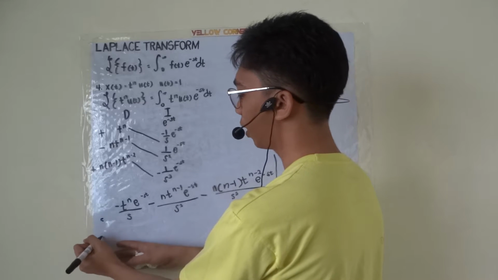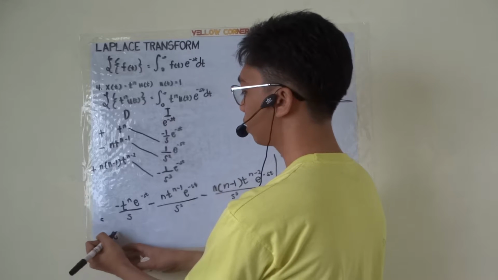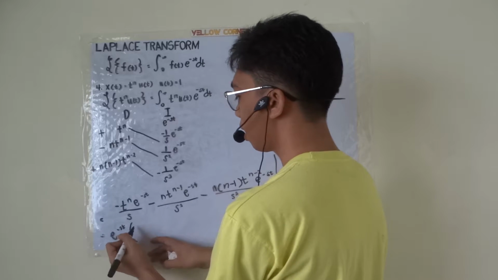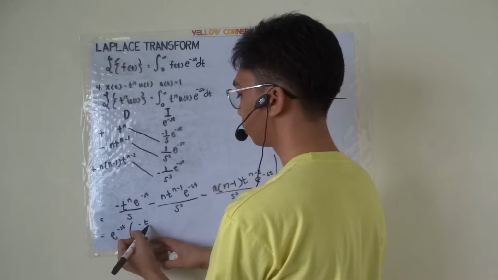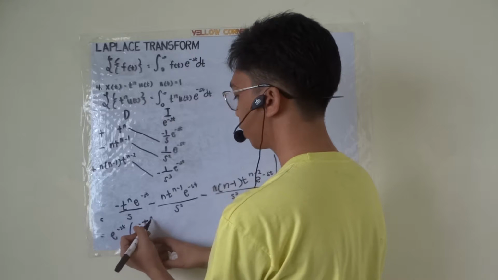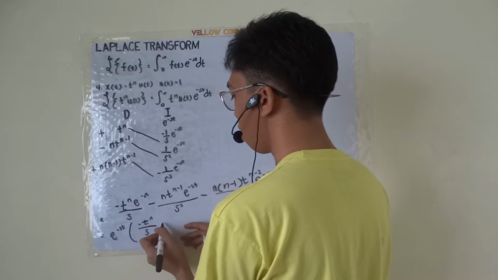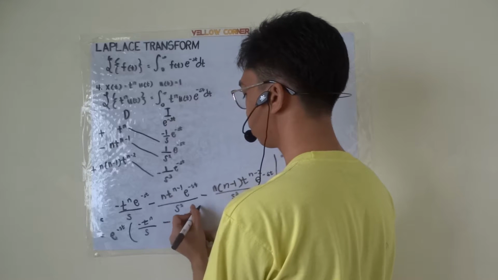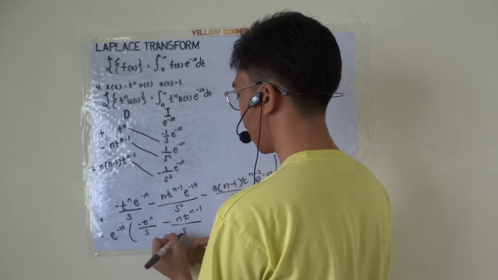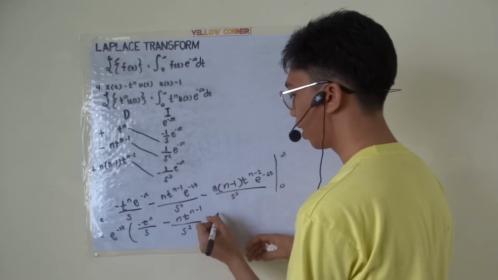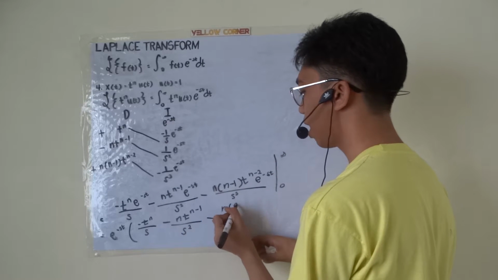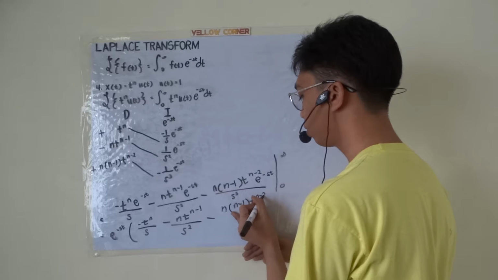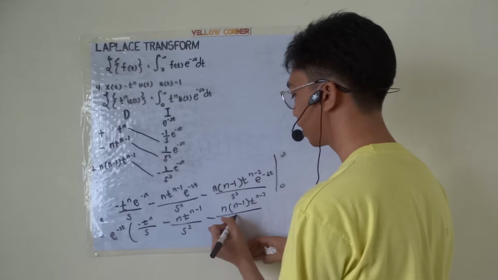So we factor it out as e raised to negative st times negative t raised to n over s minus n t raised to n minus 1 over s squared minus n times n minus 1 t raised to n minus 2 over s cubed.